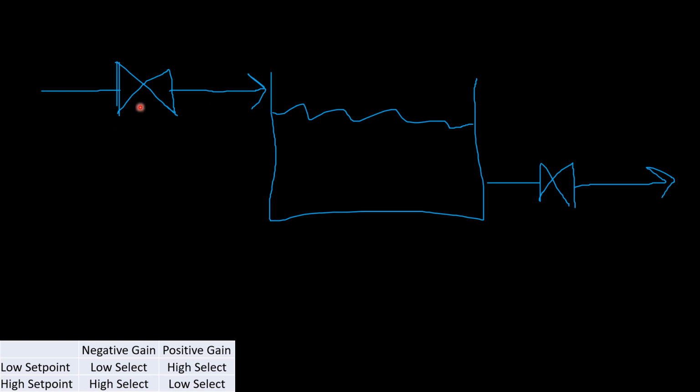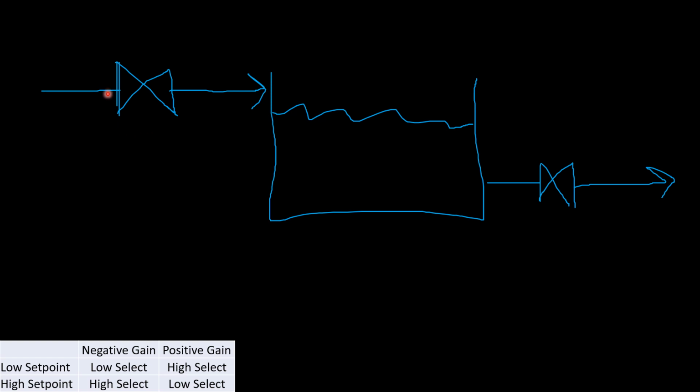If the inlet valve is open more, while you keep this valve the same, your tank will start accumulating level. If I have more going in than going out, then my level is going to start accumulating. On the other hand, if I open up the outlet valve more while keeping the inlet valve the same, I'm going to have more going out than what's going in, then this level is going to start decreasing.